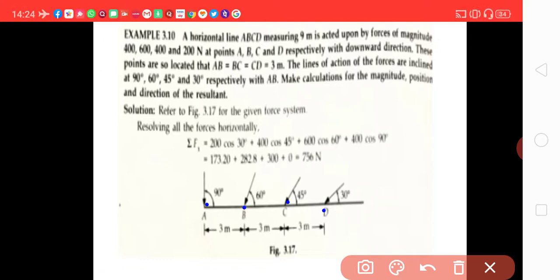AB is equal to BC is equal to CD is equal to 3 meters. The lines of action of the forces are inclined at 90 degrees, 60 degrees, 45 degrees and 30 degrees respectively with AB.